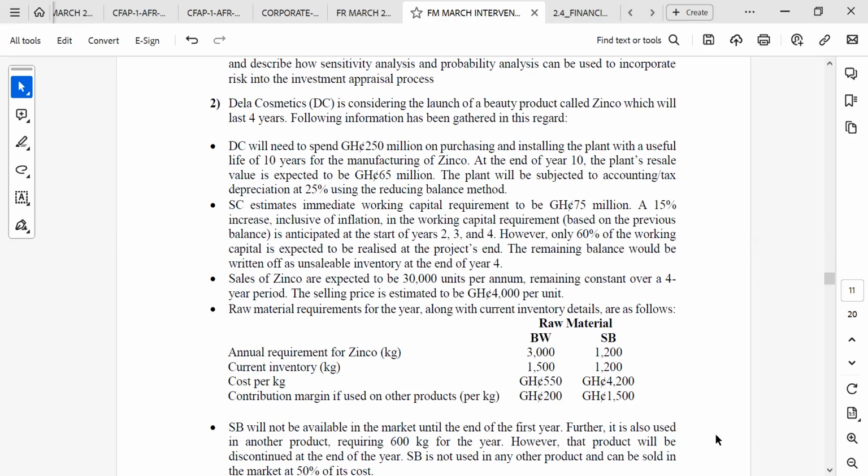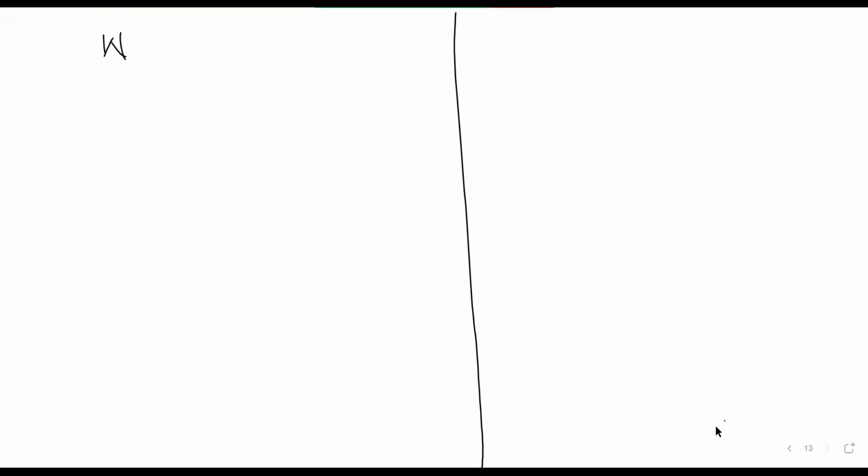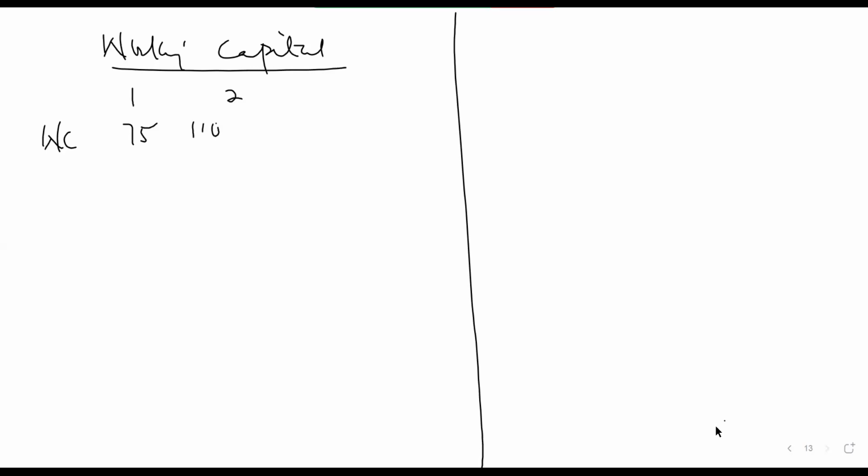So let's look at the next year. What will be the working capital in year 2? Let me do workings for working capital, one by one, so that we can get it.